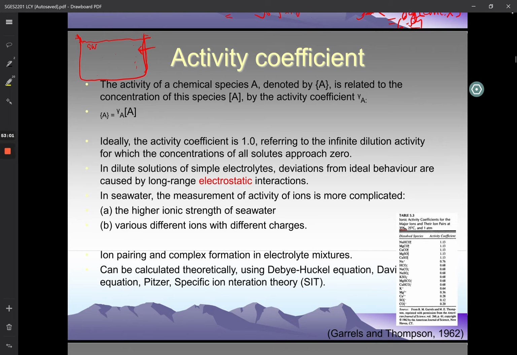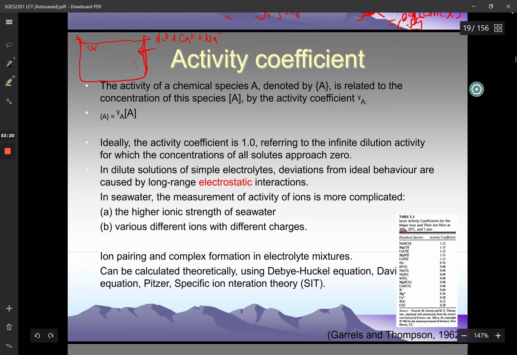So seawater, as you know, is water, so you have H2O, and then you also have calcium dissolved in seawater, and then you have a lot of sodium, because seawater is saline.